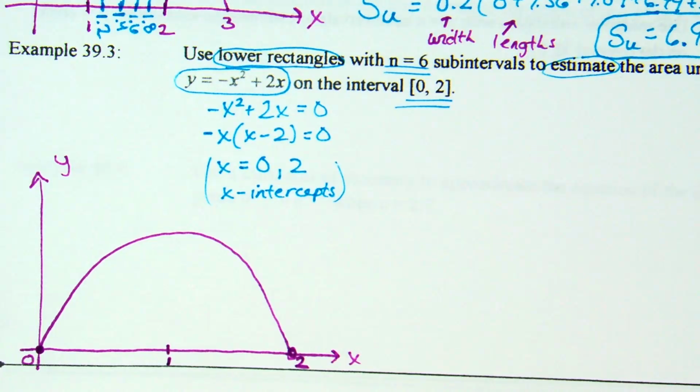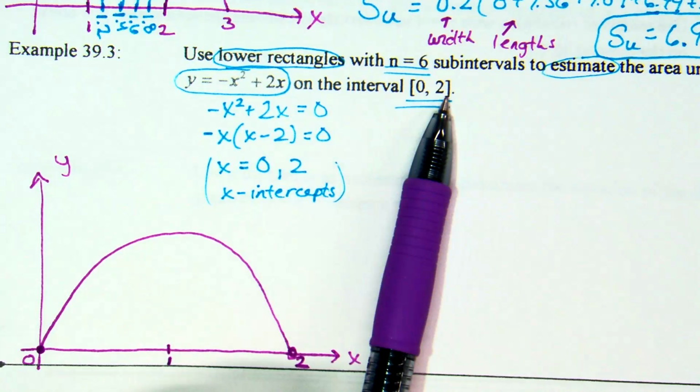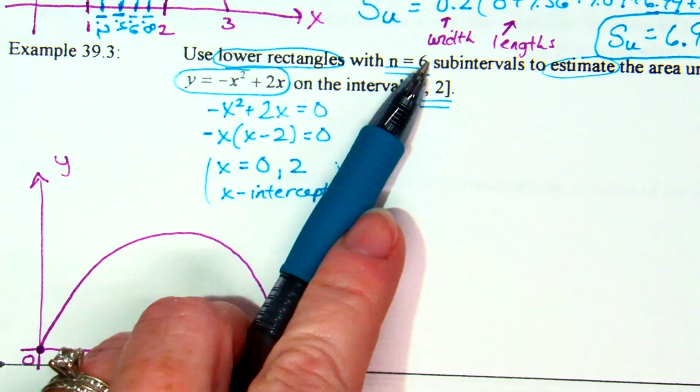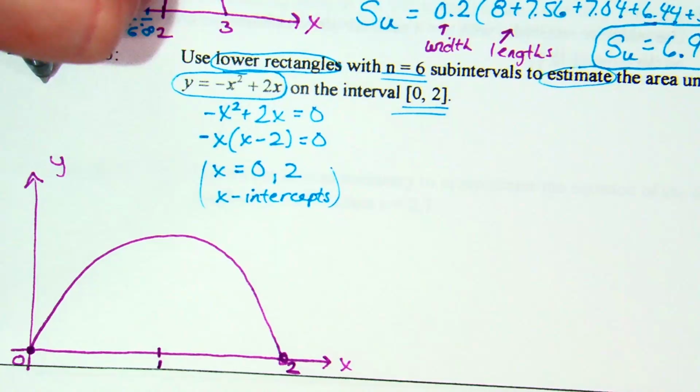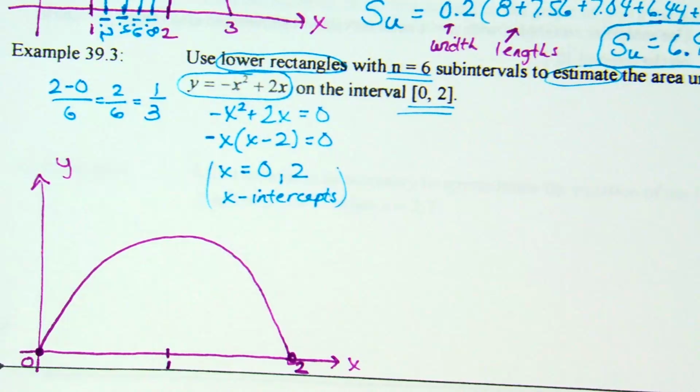How wide is each rectangle going to be? My interval is from 0 to 2, and we're breaking it into 6 pieces. So 2 minus 0 divided by 6 is 2/6, or a lovely 1/3. So we're taking from 0 to 2 and breaking it into 6 pieces. Can you guys do this?